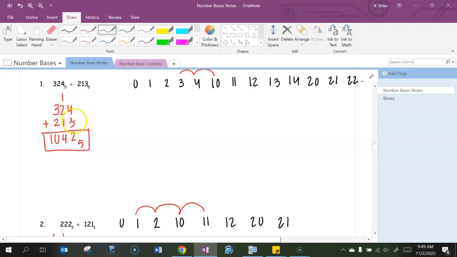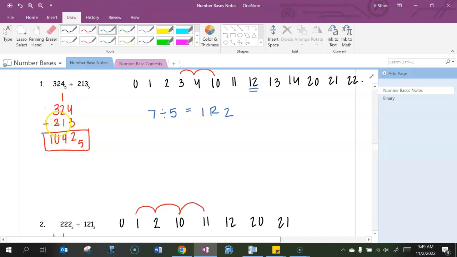So you can take 7 and convert it to base 5 by dividing. So 4 plus 3 is 7. 7 divided by 5 is 1 with a remainder of 2. And if you notice, that's what we have here, that 1, 2. So bring down your 2, carry your 1. Okay, 1 plus 2 plus 1 is 4. That's fine. So we just put 4.